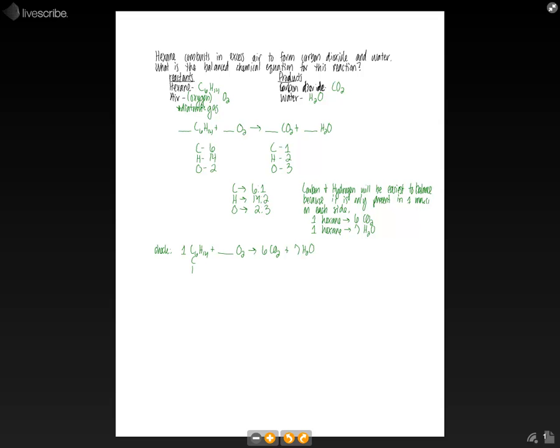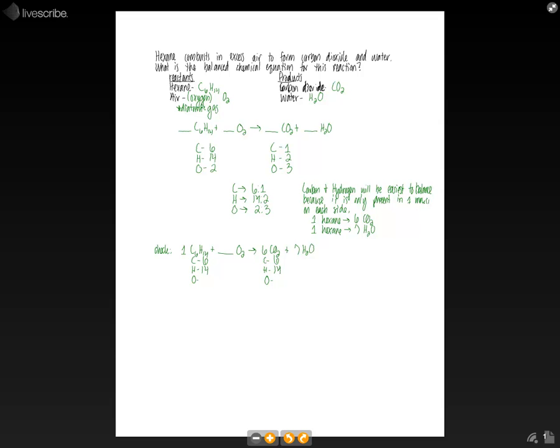If we write out our atomic species for each side again to check, we see that we still have 6 carbons on the left-hand side and 14 hydrogens. And on the right-hand side, we see that we have 6 carbons and 14 hydrogens. Now we're ready to try to balance our oxygen species.